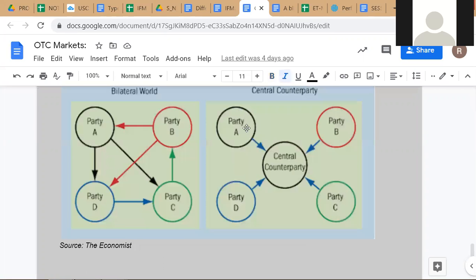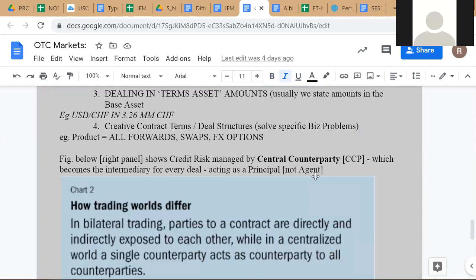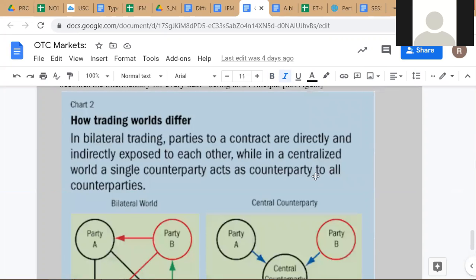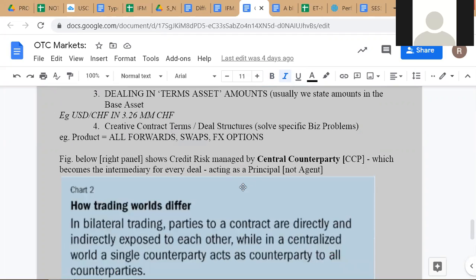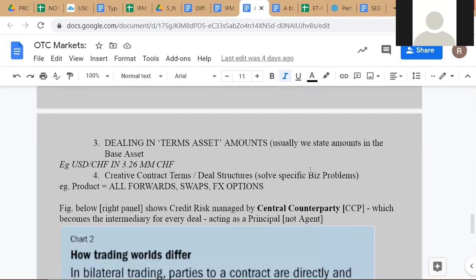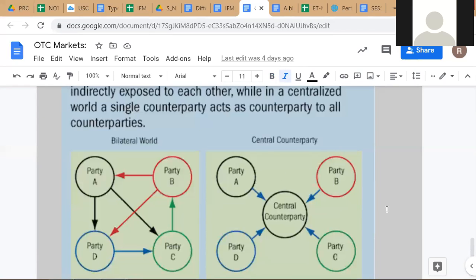The same concept here, the central part. So this was the traditional method, and this is the new method with the central counterparty in the OTC markets. That's why I've clarified that, central counterparty in an OTC market schema here.